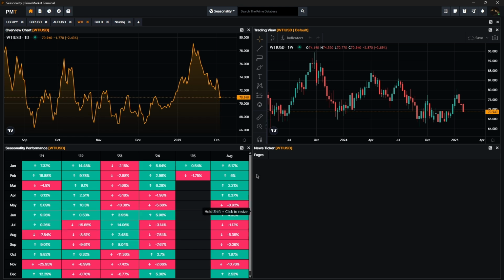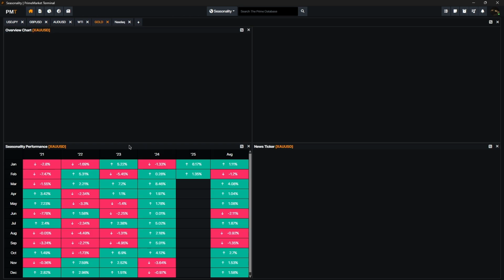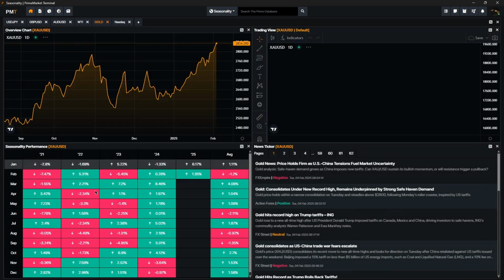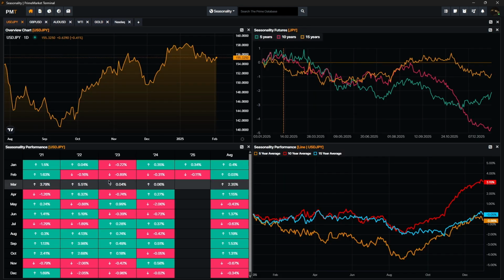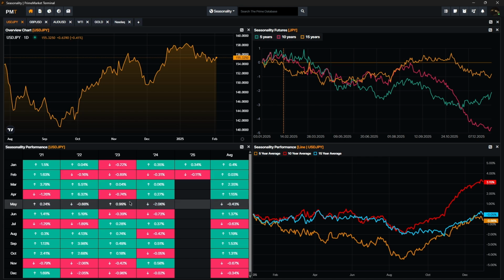So you can use these to analyze data for commodities. You can do the same for gold, so I use seasonality mostly for oil, gold, and Nasdaq, but you can look at it from currencies as you may be able to see a few patterns, right?